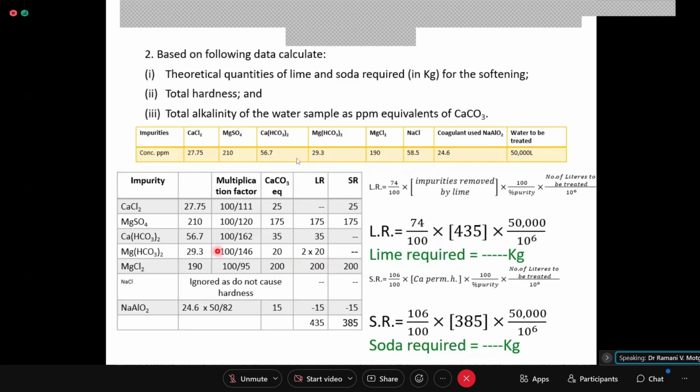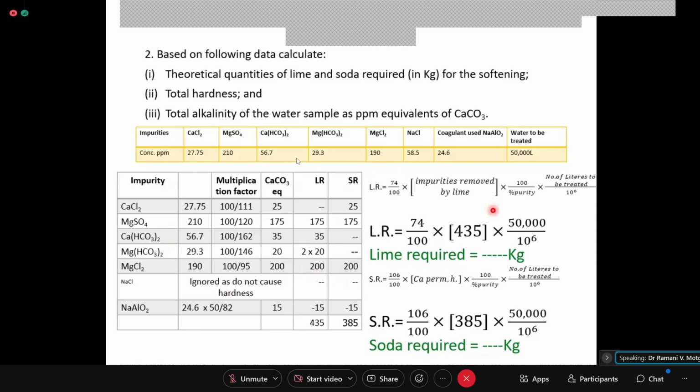But it is easier to understand that this hydroxide formed, before you could add lime, might react with the magnesium if you add only coagulant first, forming NaOH. This hydroxide will remove this, and only 185 ppm of magnesium chloride will remain, which will require only 185 ppm of lime, not 200 ppm.